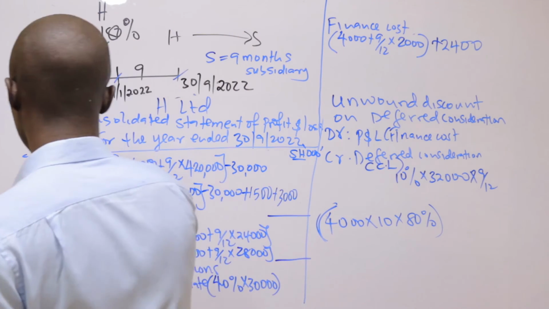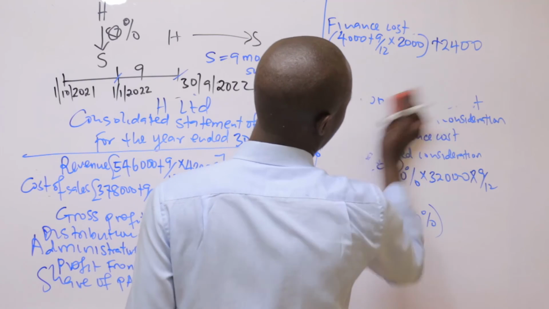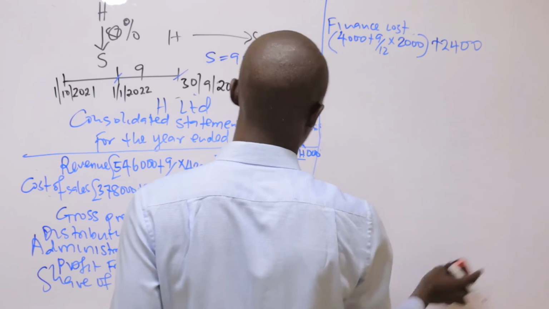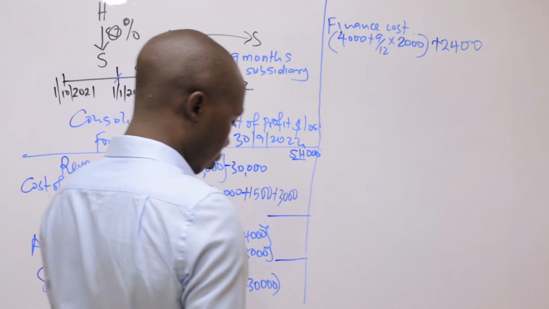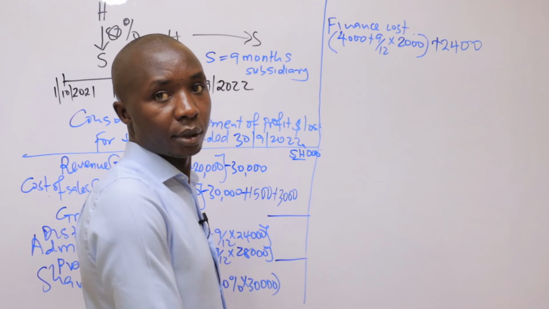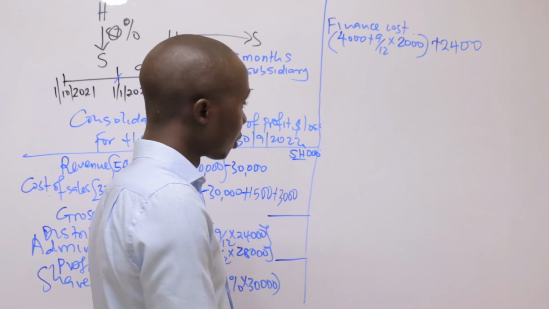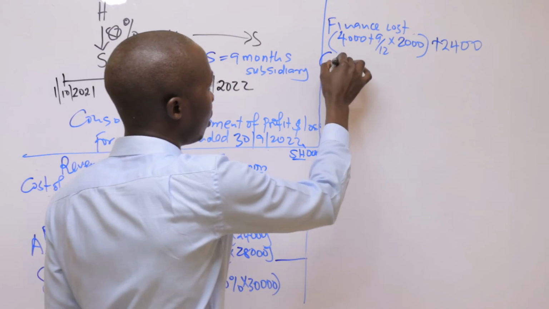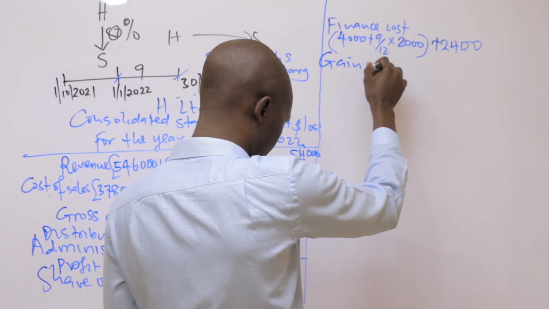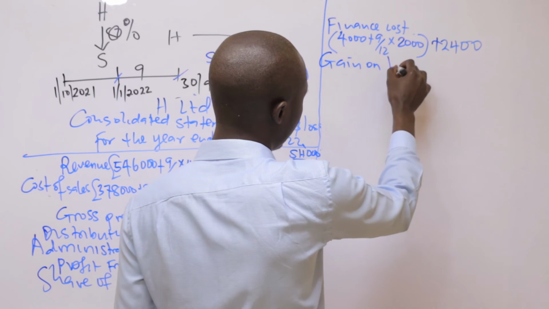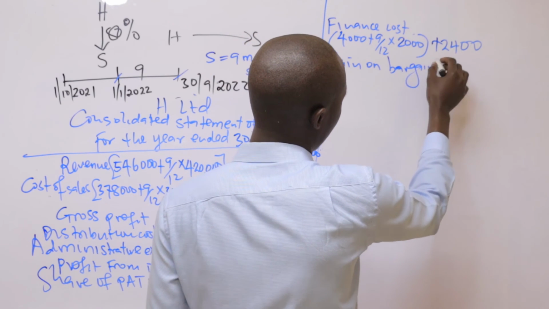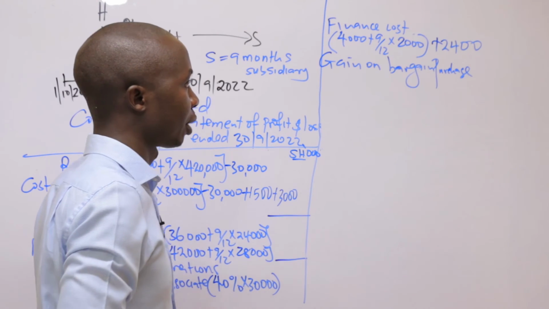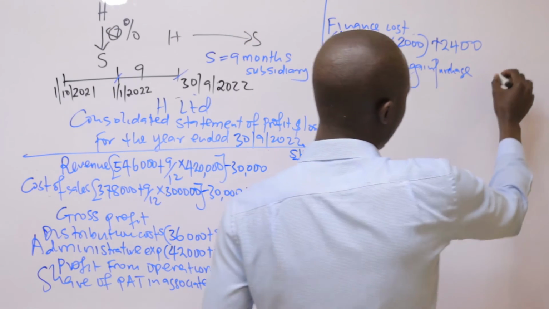And we continue with the other items. Remember that, other than all the other items I've recorded, before I subtract tax, I need to introduce the gain on bargain purchase. When we were doing goodwill, we arrived at a gain on bargain purchase of 2,100. I said it's an income.